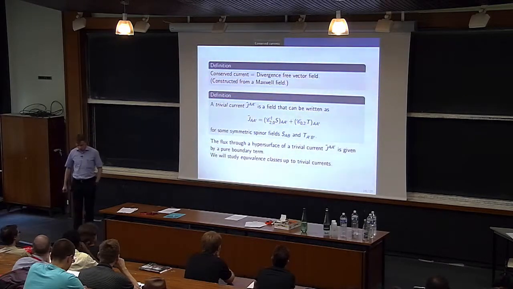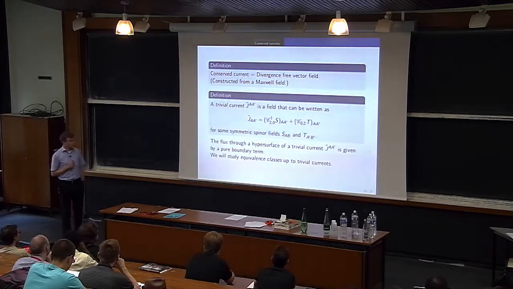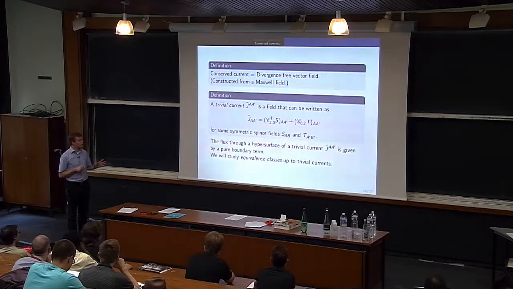Now we can go over to study conserved currents, and we'll soon see the link between these. For me, a conserved current is just a fancy name for a divergence-free vector field. And of course, we want to form this from a Maxwell field, otherwise it does not have any connection with the field we are studying.